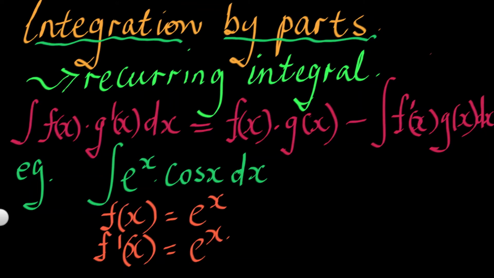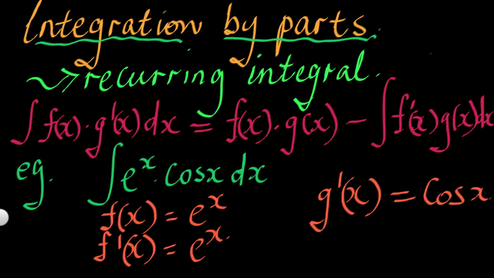That's the first derivative of e to the power x is e to the power x. Then my g prime of x is cos x. This means g of x, which is the antiderivative of cos x, in other words, you integrate cos x to get g of x. If you integrate cos x, you get sine x.